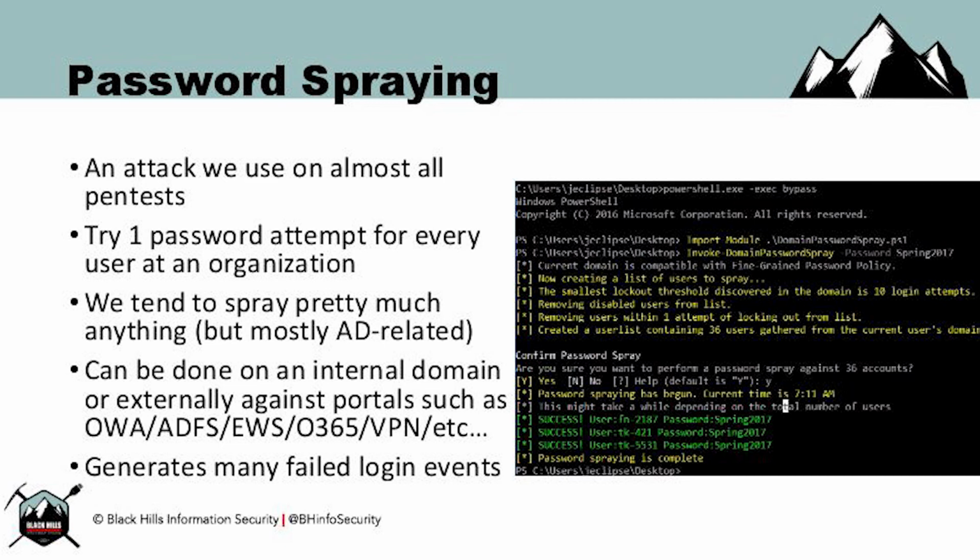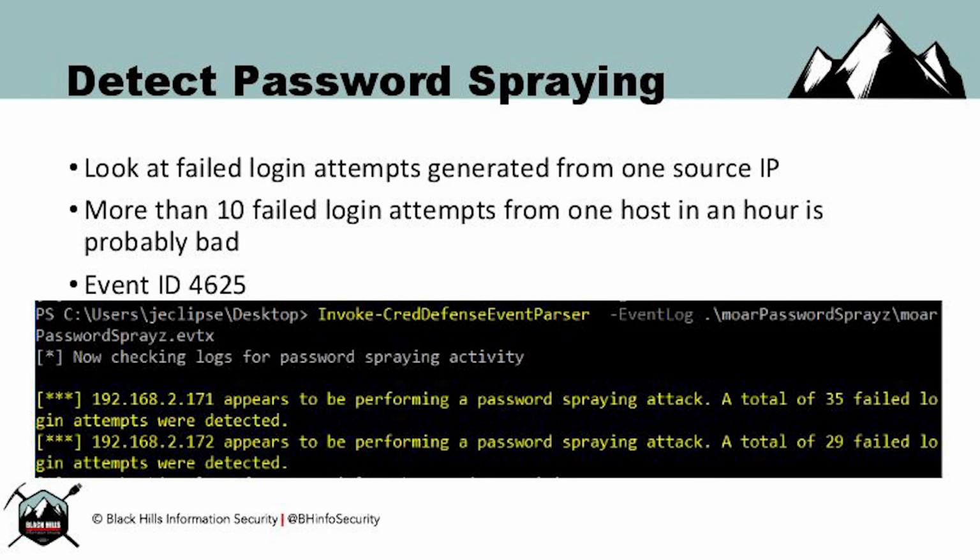But additionally, externally, if we run into an O365 environment, having access to SharePoint and email is a goldmine for an external attacker. So password spraying is one of those things that we do all the time. But again, it generates thousands of failed login attempts, and for your DC, you're going to have all those failed login attempts available there. So to detect password spraying, Derek showed the script a bit ago.